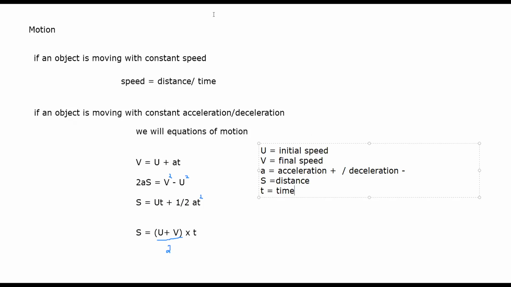So these are the four equations of motion: v equals u plus at, 2as equals v square minus u square, s equals ut plus half at square, and s equals u plus v divided by 2 multiplied by t. You have to learn these equations. We will do questions related to these equations as well.